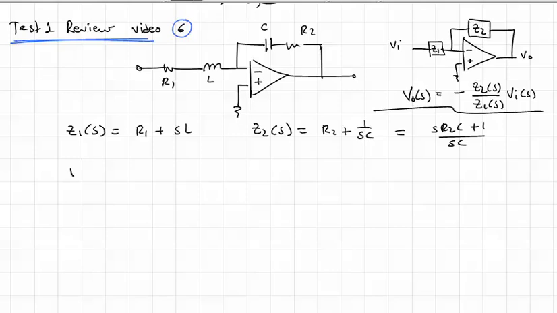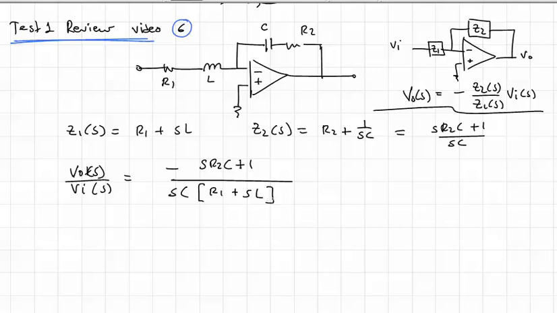and now we're going to write the transfer function VO over VI is equal to minus Z2, which is SR2C plus 1 over SC, I'll put that down in the denominator, okay, divided by Z1, which is R1 plus SL.